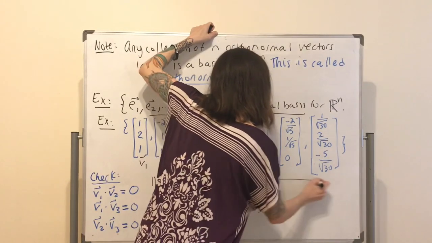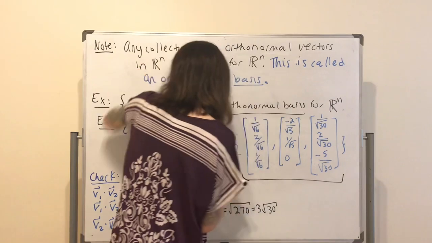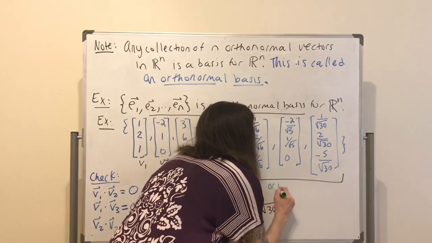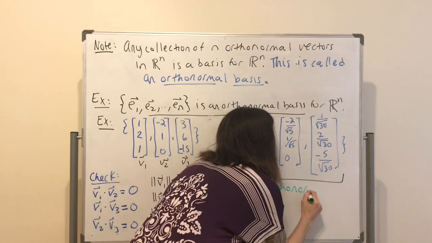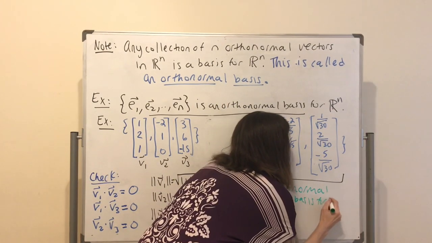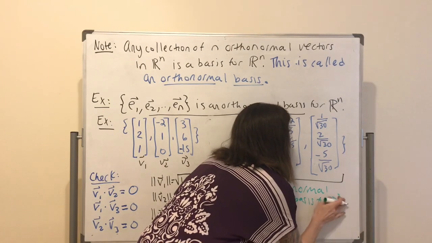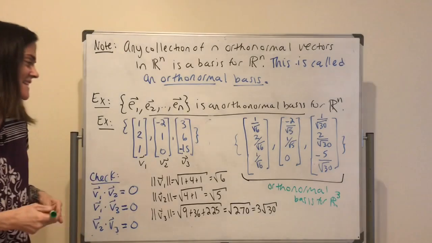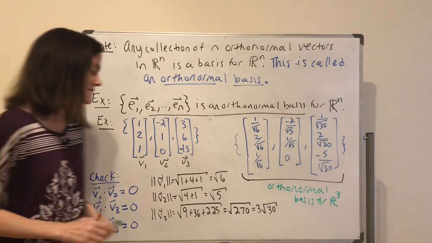So here, maybe I'll write what I just said. This is an orthonormal basis for R3. And I'm going to come back and use these vectors in an example in a little while.